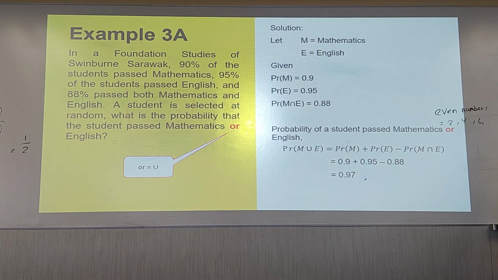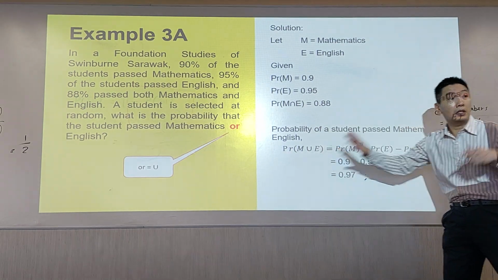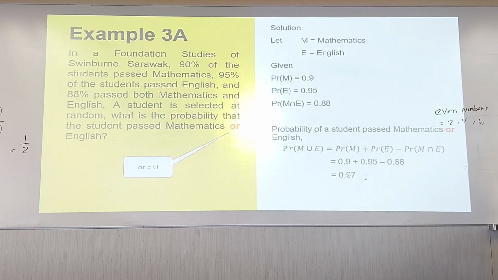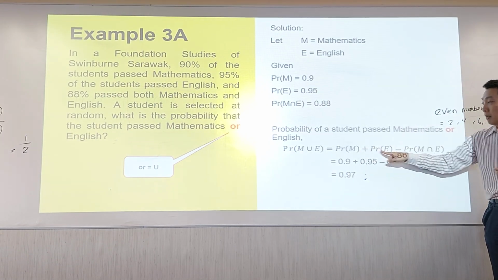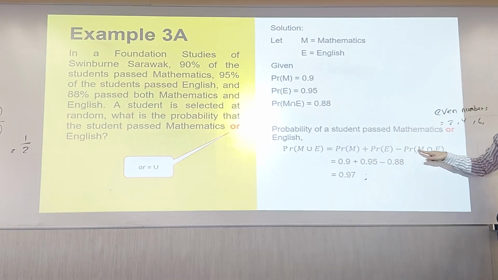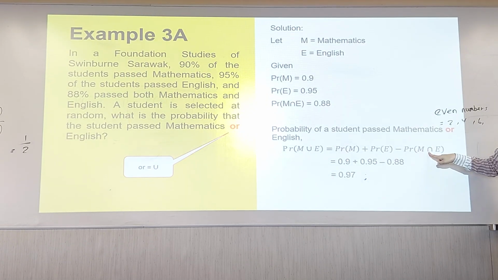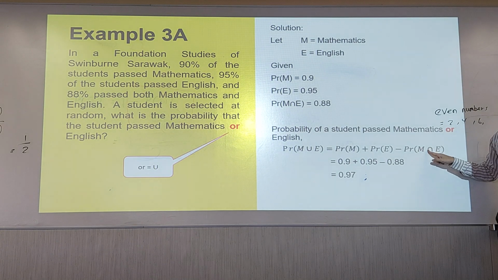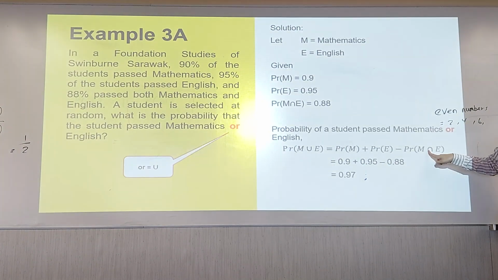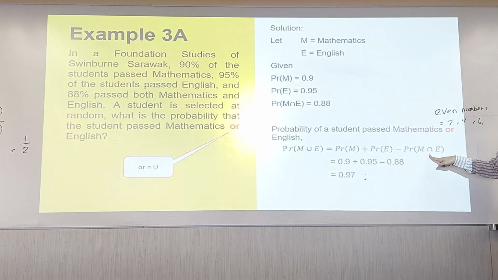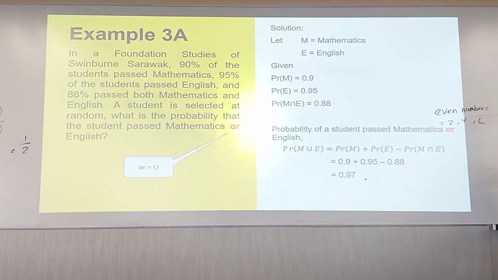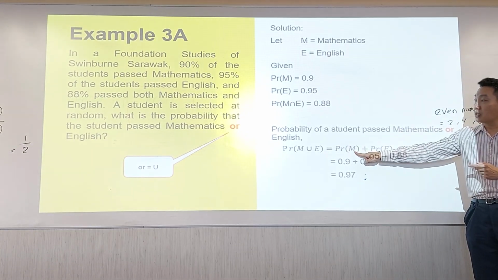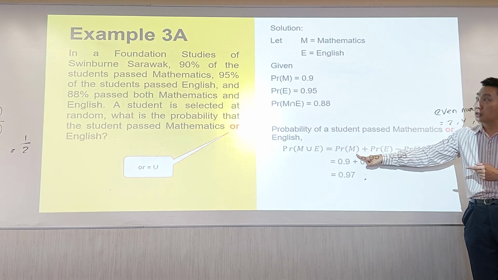So what is the formula you can apply? Once you see the union question, immediately you have to apply the union rule. Okay? So the union rule is equal to probability N plus probability E minus probability N intersect E. Okay? And that's the formula derived from the union rule. This is okay for you? Alright, so now after we have identified the correct equation, the next is to substitute numbers into the variables. So PN means the chance of the student passing mathematics. So what is the value?